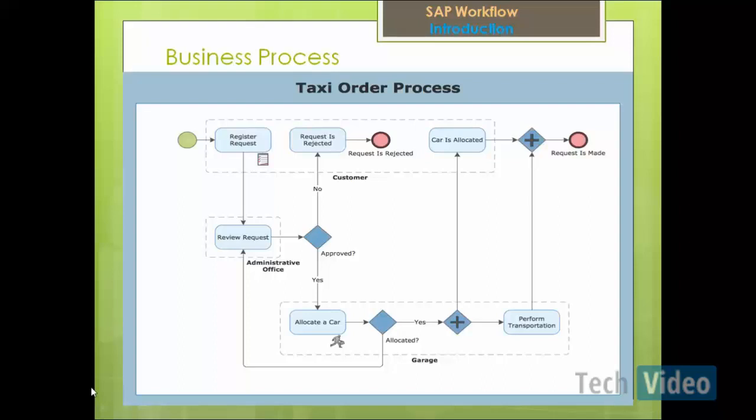Based on the timings he might be able to allocate a cab, or if there is no availability of any taxis or cabs, he might respond back to the requester saying that we were not able to provide a cab at so and so time. But there is also a possibility that he can suggest some other timing for the pick and drop, maybe after 20 minutes or before 20 minutes. So you have different possibilities in between the request and the response.